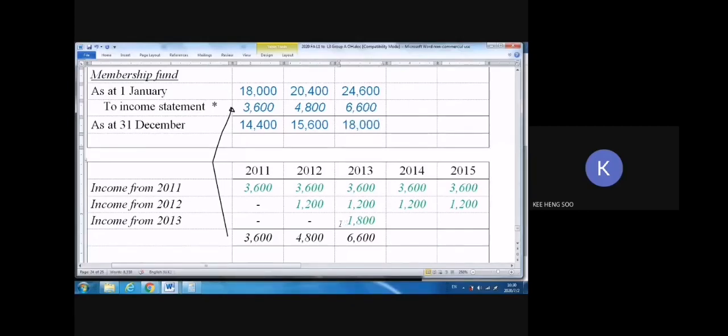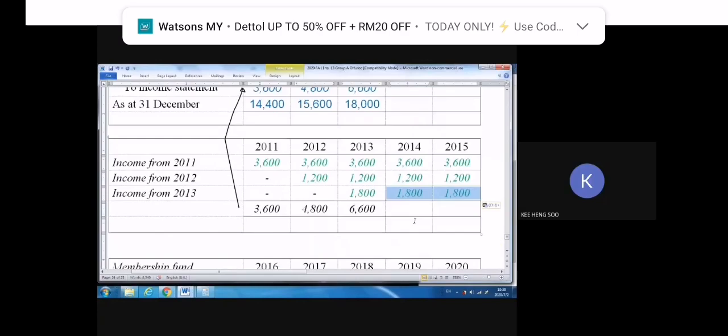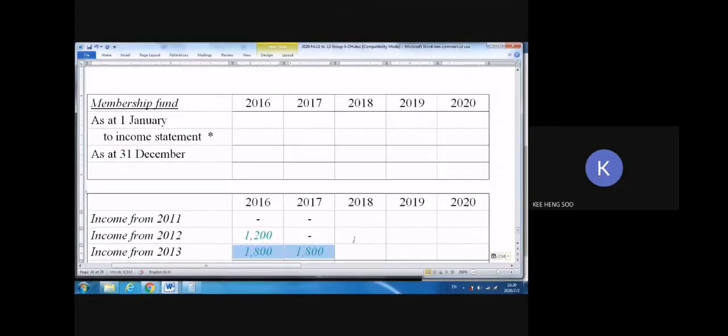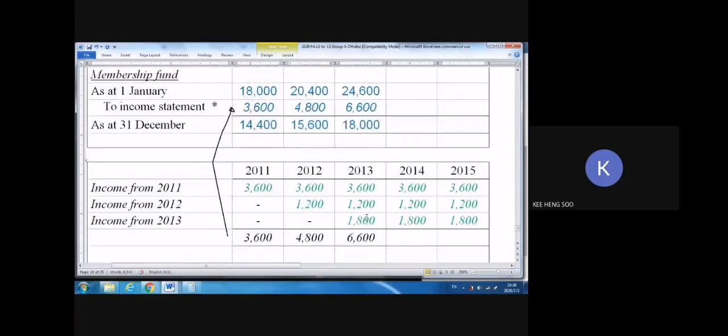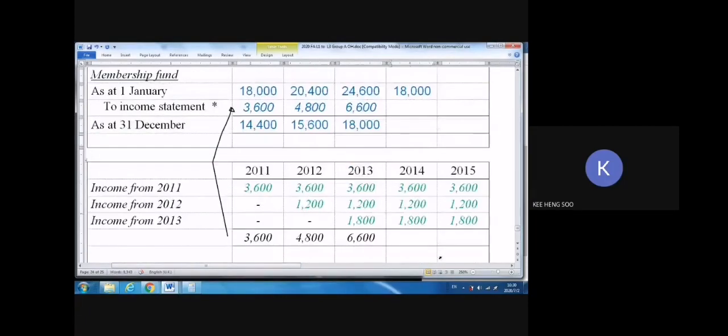So this 1,800 must copy 5 times also. 1 time, 2 times, 3 times. And at the bottom, 2 more times. So now no more already, so I got 18,000 here. Then every year will be 6,600.